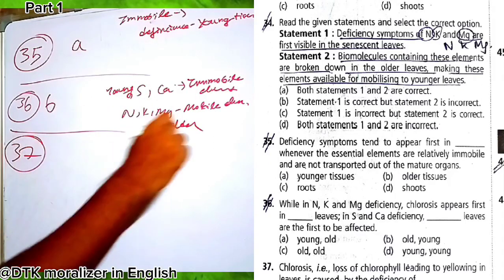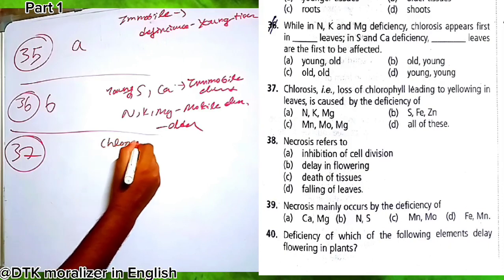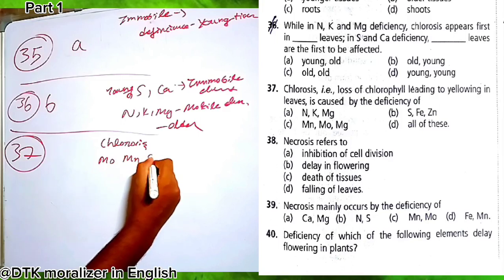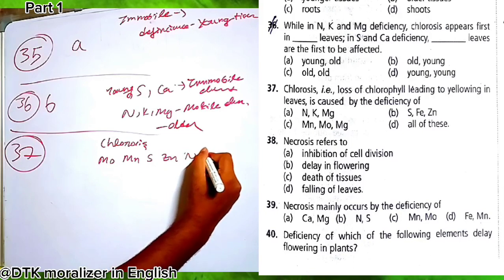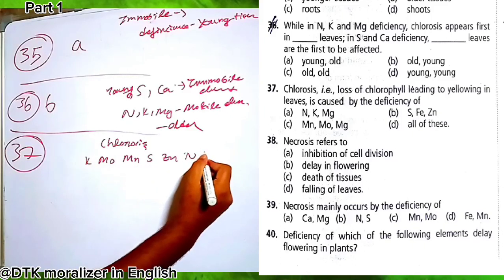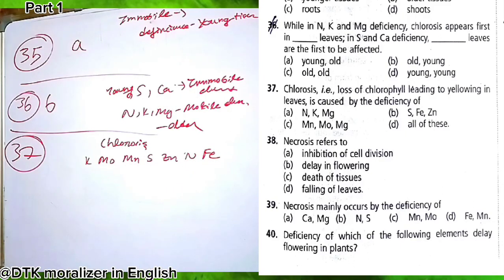Now question number 37. Chlorosis, loss of chlorophyll leading to yellowing in leaves, is caused by the deficiency of nitrogen, potassium, magnesium, sulfur, iron, zinc, manganese, molybdenum. In case of chlorosis: molybdenum, manganese, sulfur, zinc, nitrogen, potassium, iron.